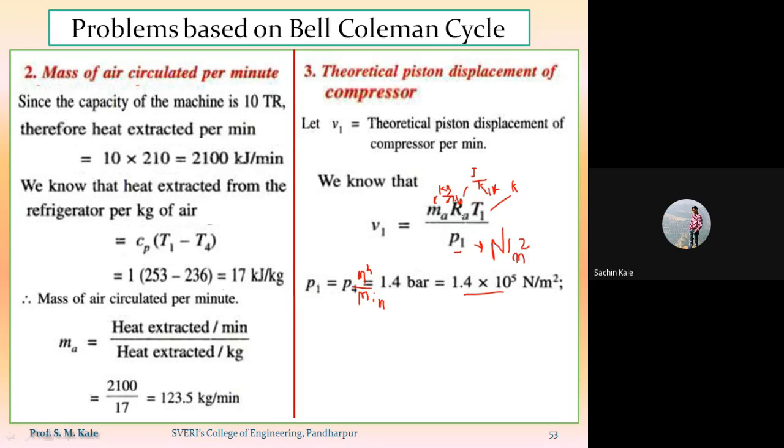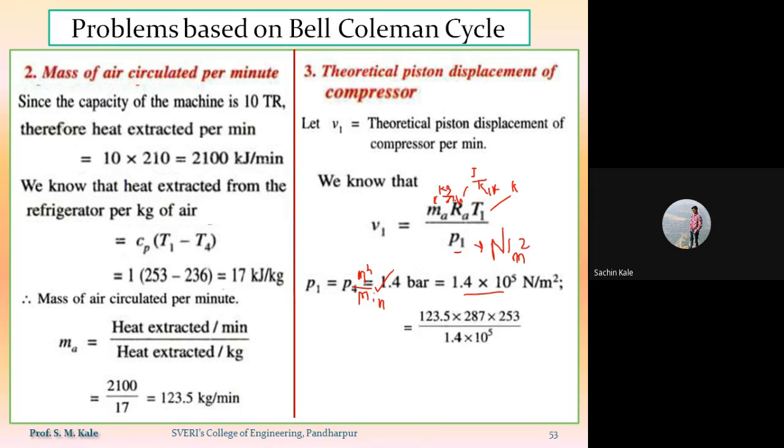Here you can mention that mA is in kg per minute, RA is in joule per kg Kelvin, T1 is in Kelvin, and P1 is in Newton per meter square. So automatically you will get the value of volume in meter cube per minute.